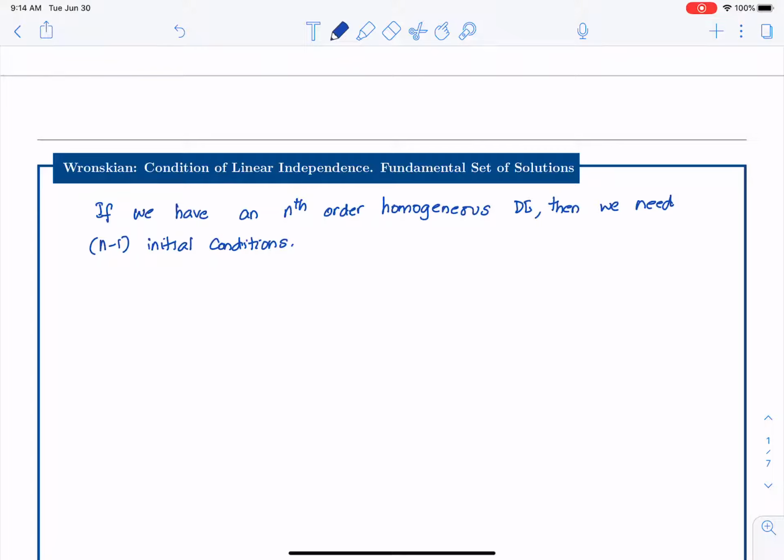So for an nth order DE, we have n derivatives, so we pretty much need for some constant an initial condition, another constant for the first derivative and the second derivative, and all the way up to the n minus first derivative. And if we have all those initial conditions, then we could solve for the constants.